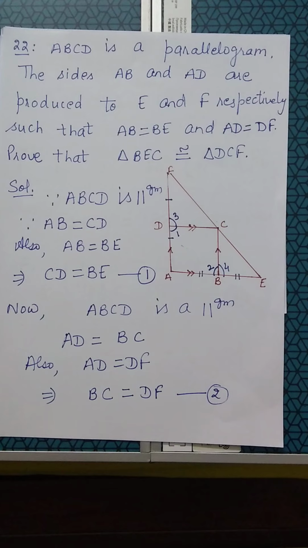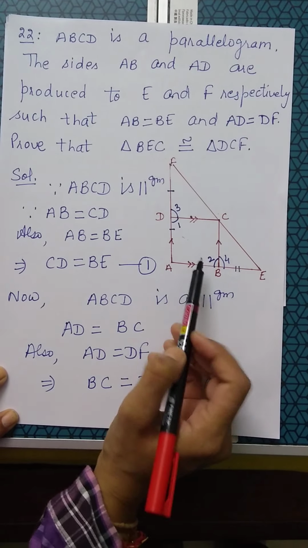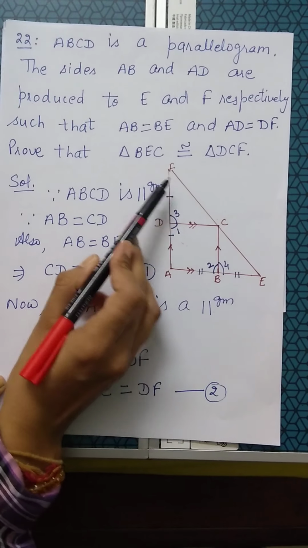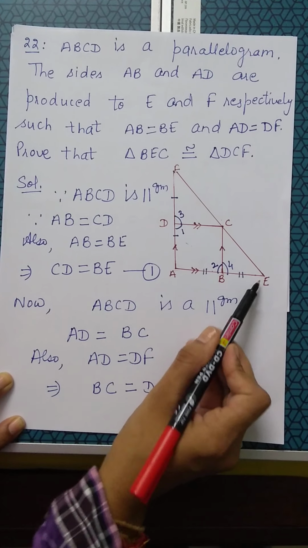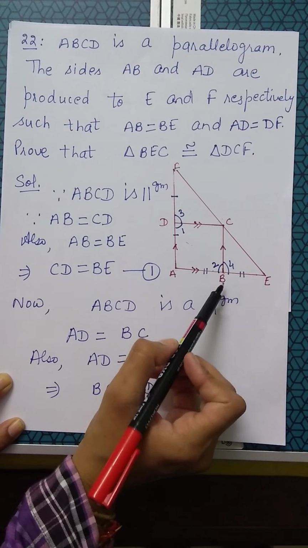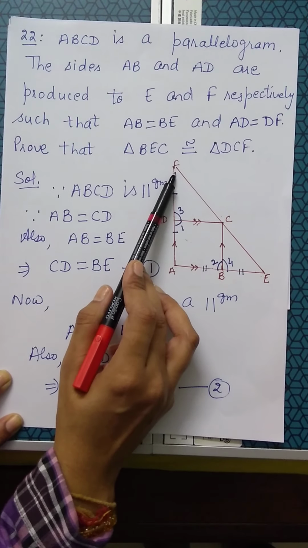Next is question number 22. ABCD is a parallelogram. The sides AB and AD are produced to points E and F respectively such that AB is equal to BE, this is given, and AD is equal to DF. We need to prove triangle BEC is congruent to triangle DCF.